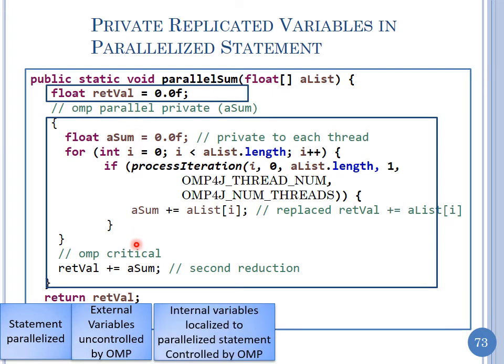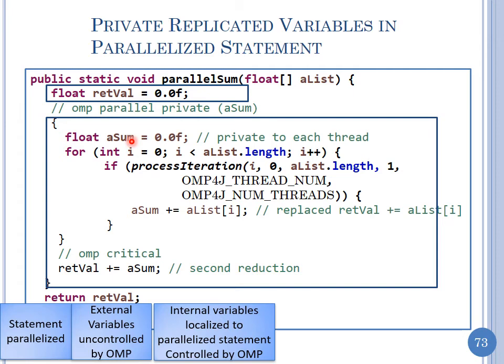Then there are some variables that are inside this parallel construct. This particular variable is inside this construct, but outside the loop, so it's not a loop variable. Loop variables will not be replicated, and this variable will be replicated.